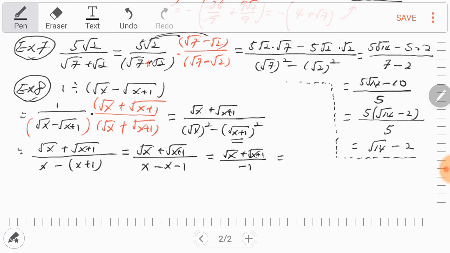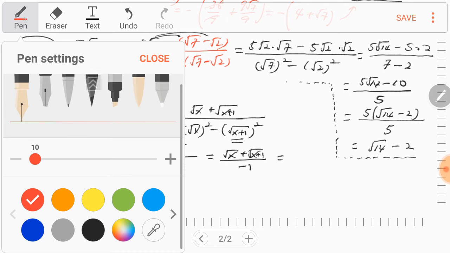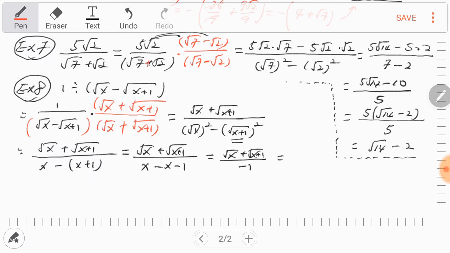So we can move this negative sign to the numerator. We have to multiply the whole numerator by negative. So that is equal to negative square root of x minus square root of x plus 1.